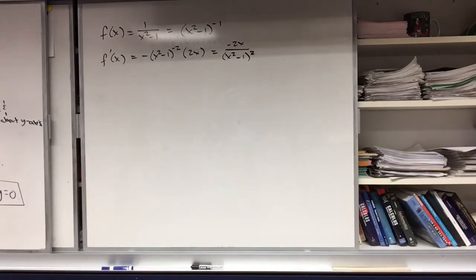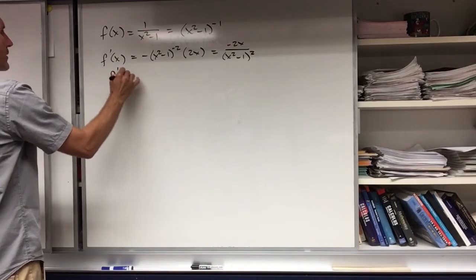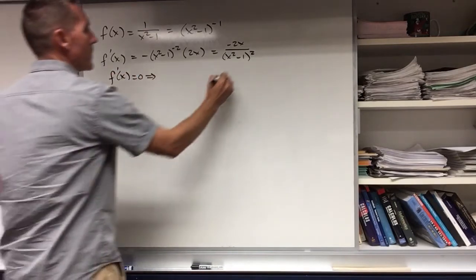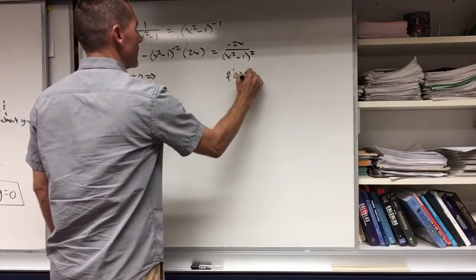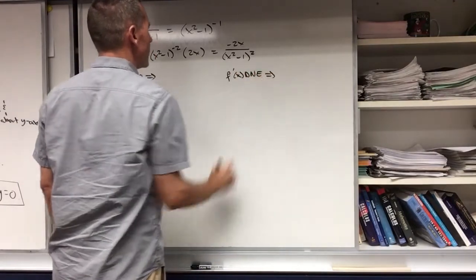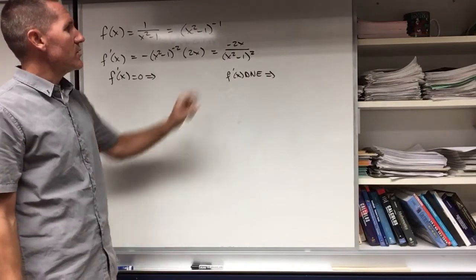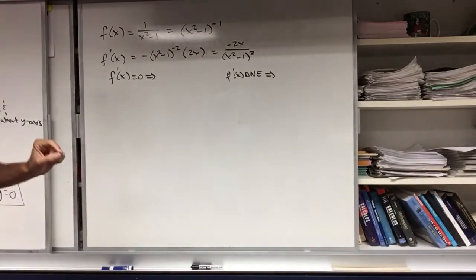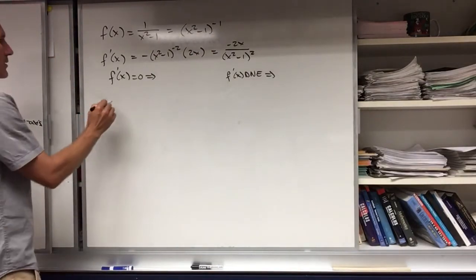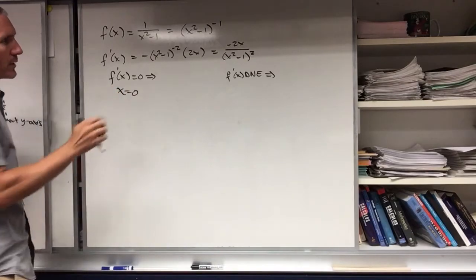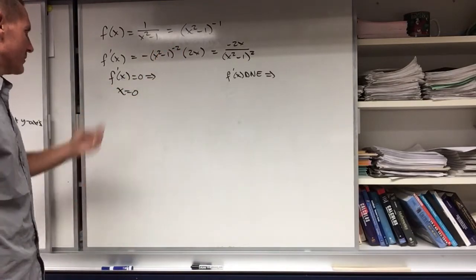So to find intervals of increase, decrease, what we do is f prime of x equals 0 implies, f prime of x does not exist implies. So over here, a rational expression is equal to 0 when the numerator is equal to 0 and the denominator is not. Really, it's when -2x equals 0, but that's x equals 0.